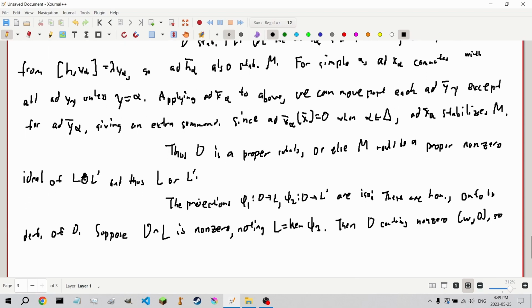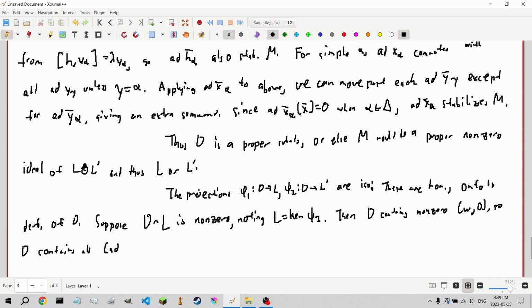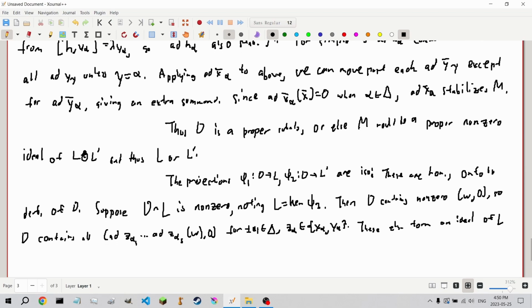So D contains all adjoints of adjoint Z alpha 1 composed through to adjoint of Z alpha S on W with 0, for each alpha i being an element of the base or negative, and Z alpha being X alpha or Y alpha. These elements then form an ideal of L, and so D includes L.